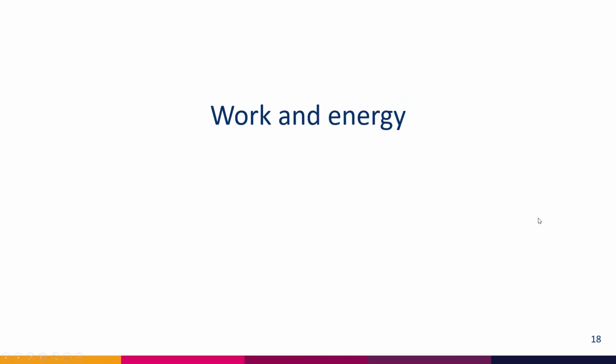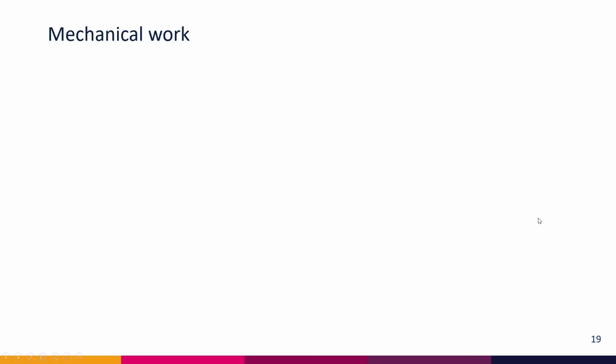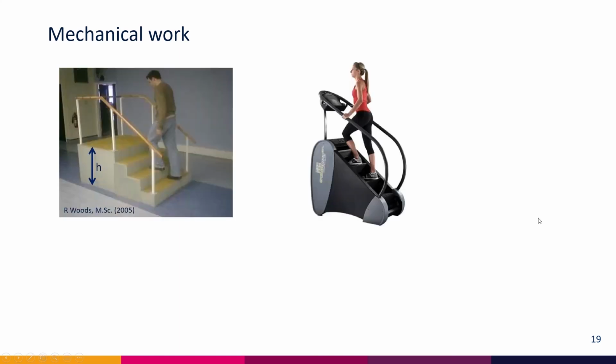Now finally, a brief word about work and energy. When we study physics and engineering, we tend to think about mechanical work. So I'll use as my example here a person going upstairs.